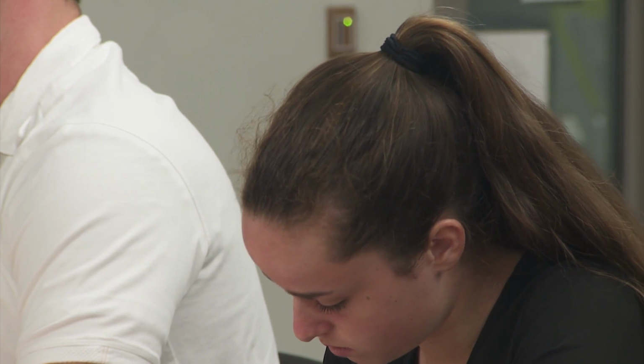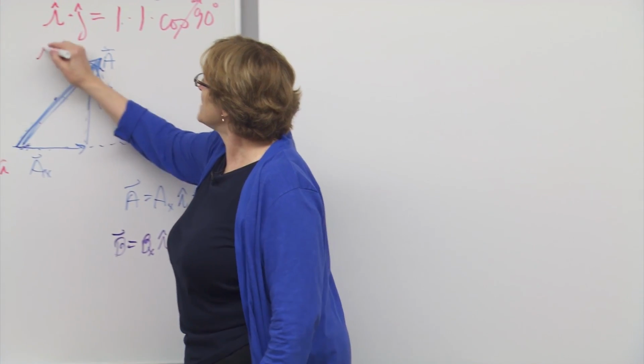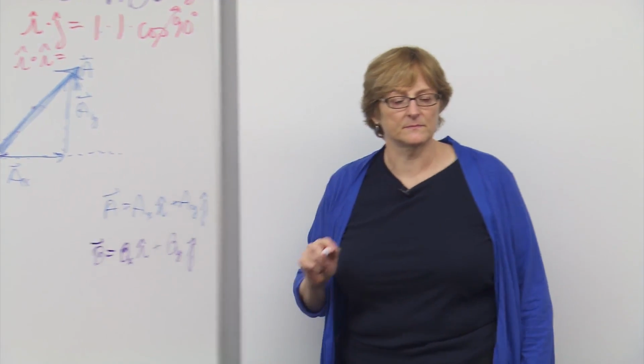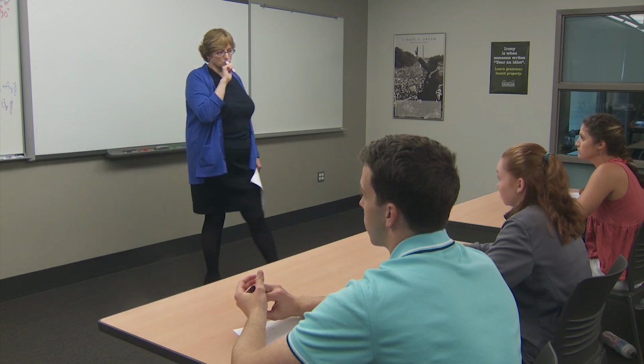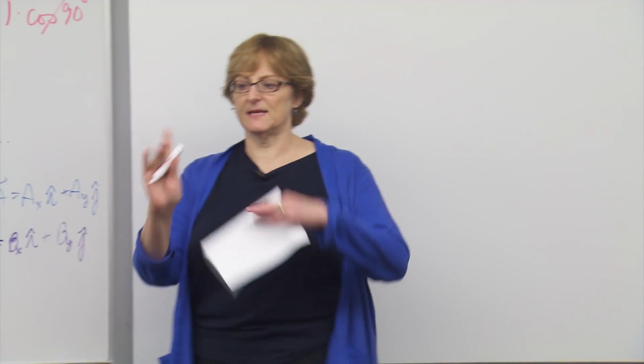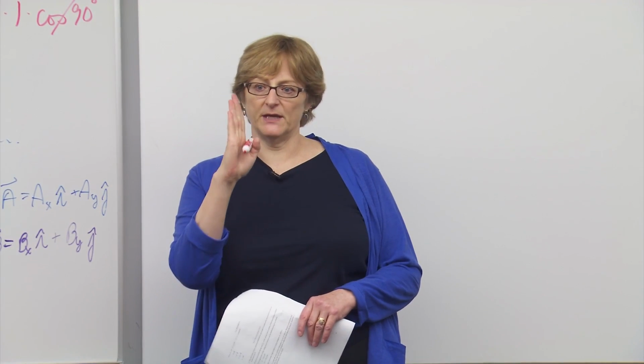Let me just do one or two more dot products to make sure you're with me. What is I dot I equal to? What's the angle between I and itself? 180 degrees. Well, or zero, right? They're pointing the same way, so there's zero angle between the two vectors.